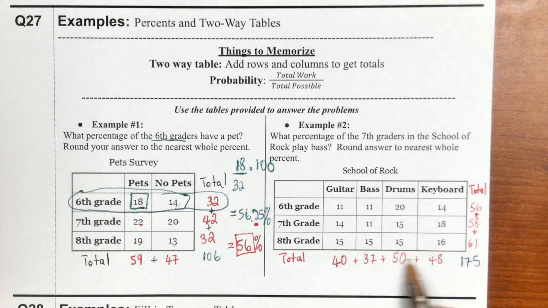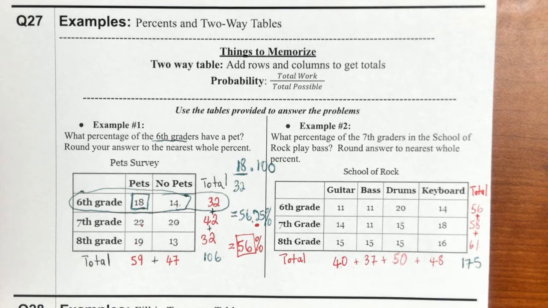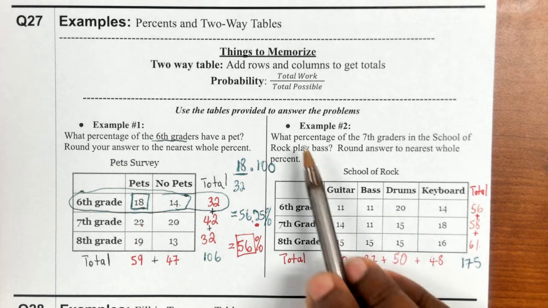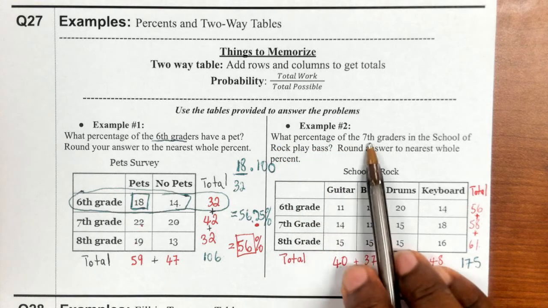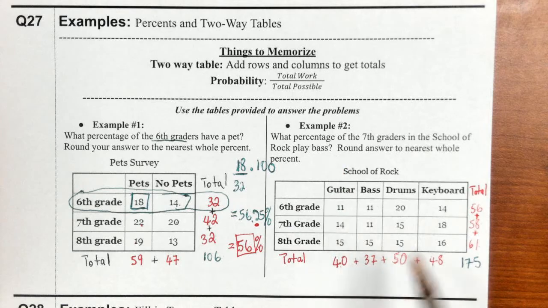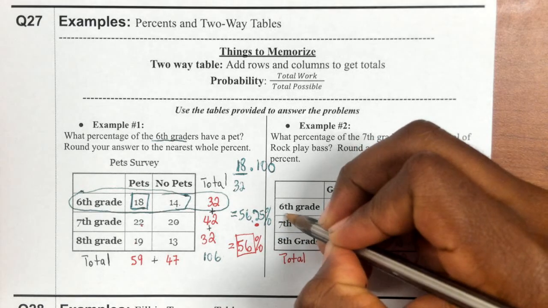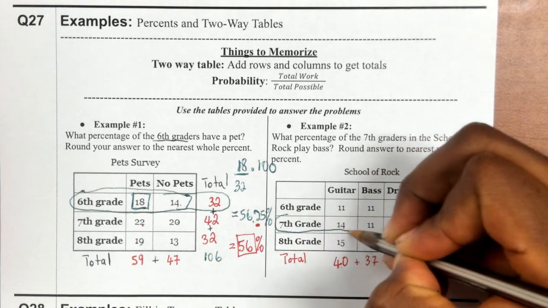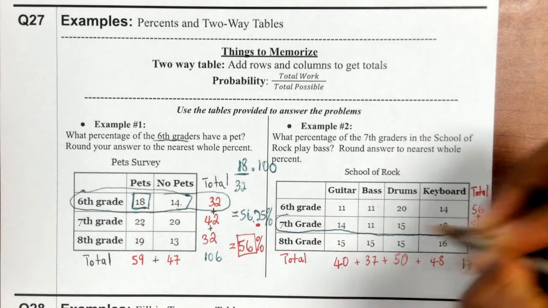So you can add these or add these. Let's figure out what the question wants us to do. What percent of 7th graders in the School of Rock play bass? So I'm only focused on the 7th graders in my School of Rock.